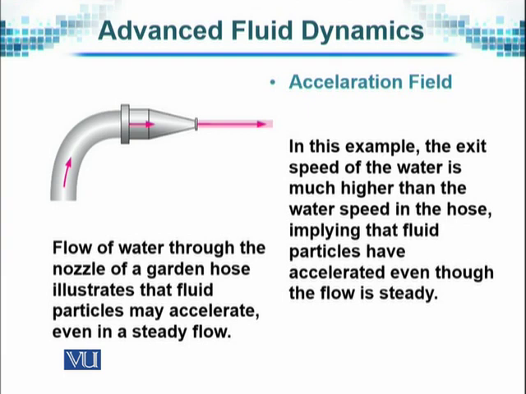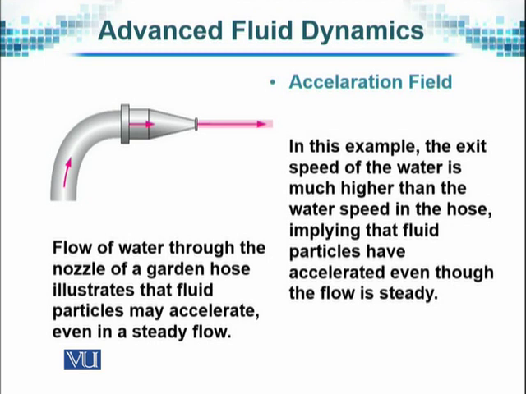So, what are the significant parameters or dimensions of this nozzle? You will observe that the inlet has a larger diameter while the outlet has a much smaller diameter. So the result will be a variation in the speed.